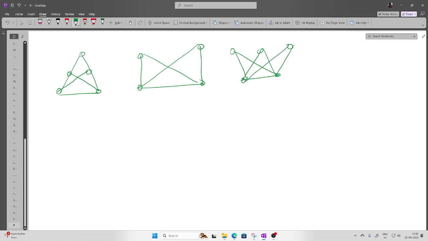So now what is your observation about these graphs? The first thing which you can see is that all the graphs which I have drawn, they all are simple graphs.